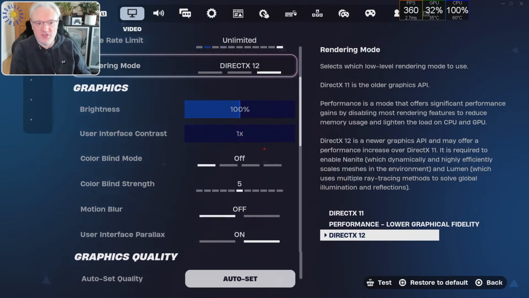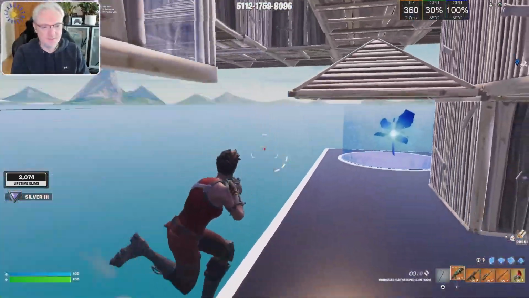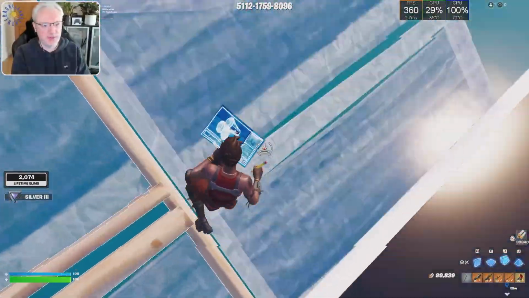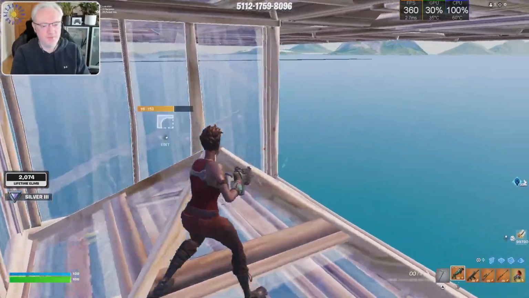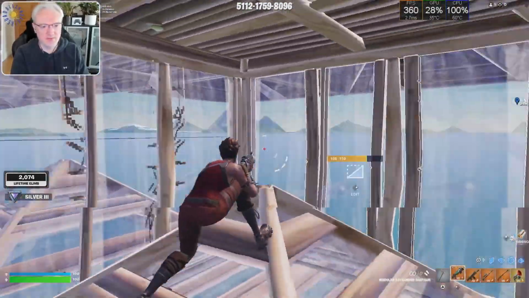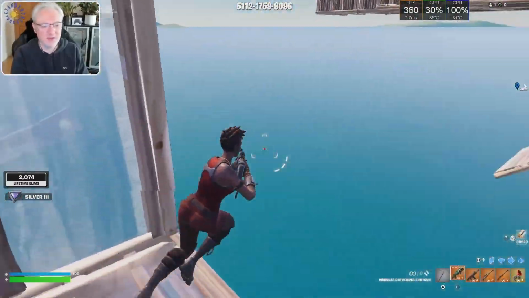So your choice, really. Depends what you're doing. But yeah, super smooth for me. Both of them are smooth, but DX12 feels even smoother. And it does look better as well because it's not as stripped down.